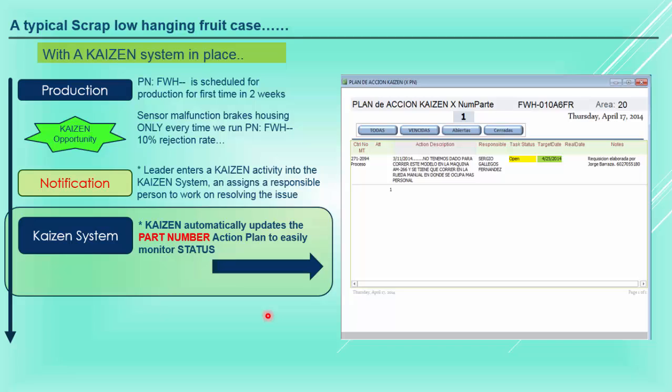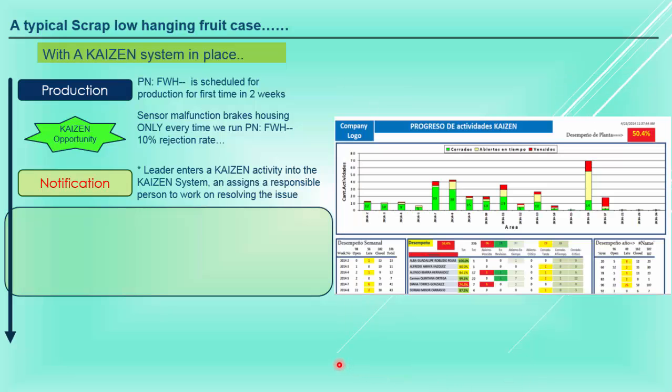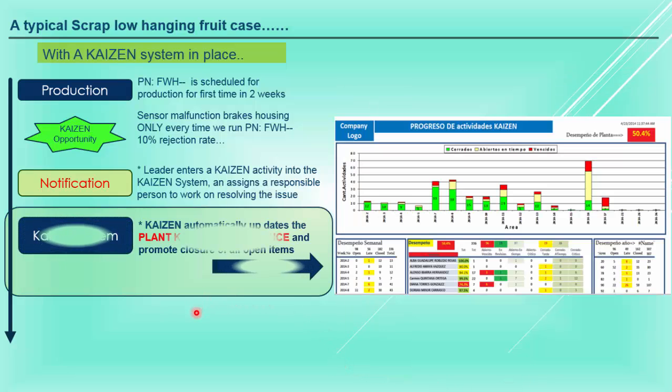The system also updates the part number that is related to the Kaizen opportunity. So now we have an updated action plan by part number that can be consulted in seconds by anyone and at any time. It also updates the overall planned Kaizen performance, and it promotes the closure of all open items.